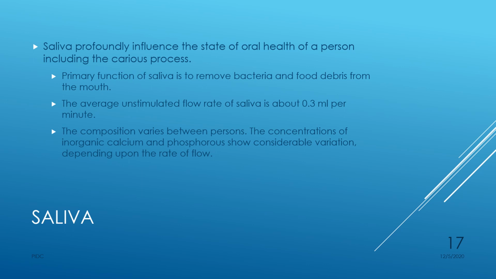The average unstimulated flow rate of saliva is about 0.3 ml per minute. The composition varies between persons. The concentrations of inorganic calcium and phosphorus show considerable variation depending upon the rate of flow of the saliva.